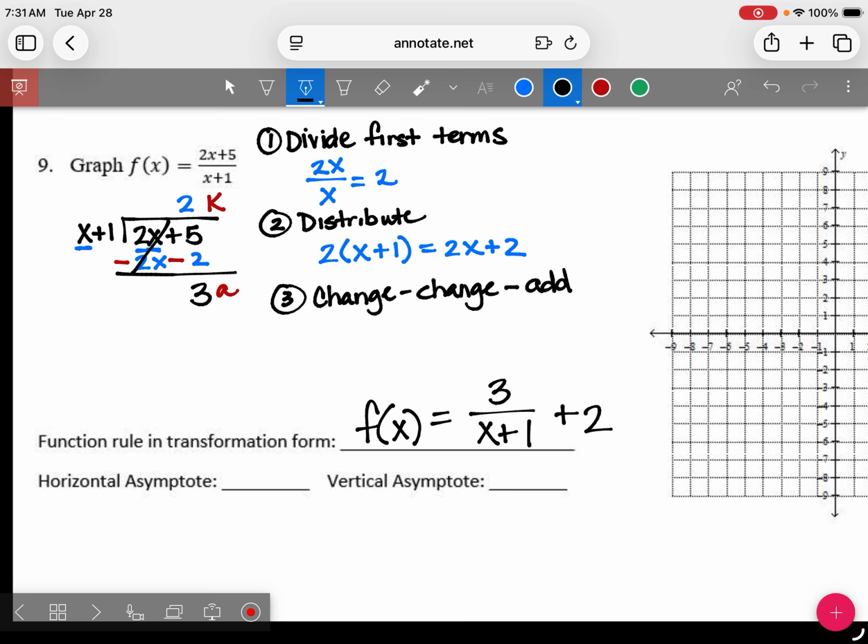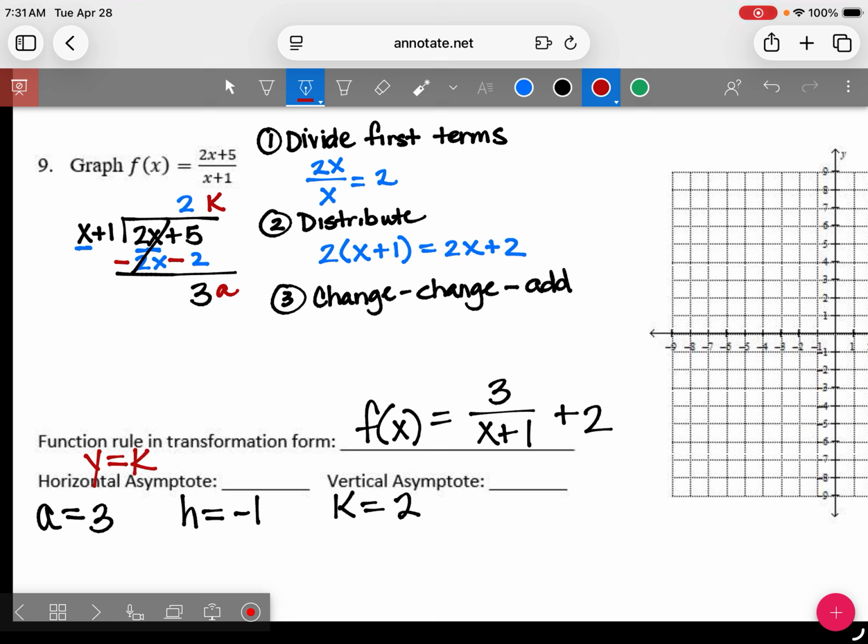So let's do it. So Daniela, what would my A, H, and K be? Thank you. So my horizontal asymptote is y. That's always y equals k.